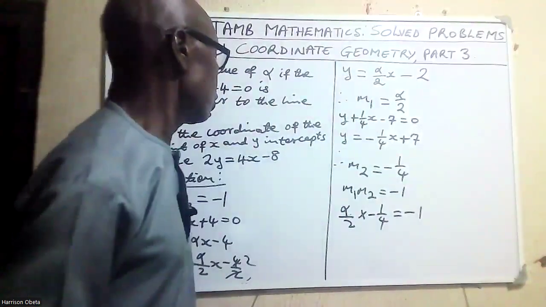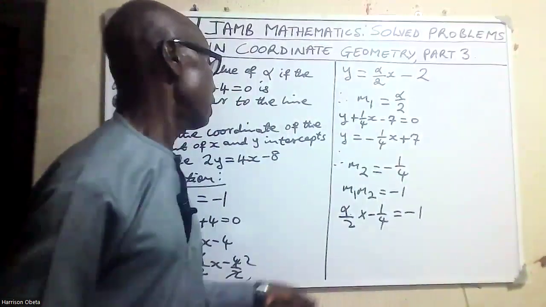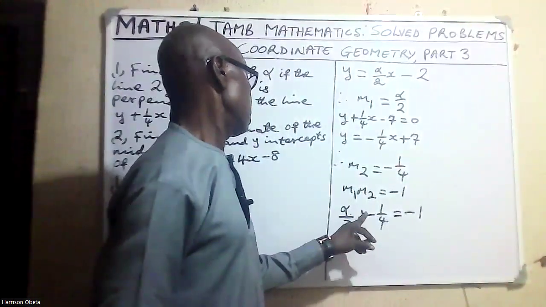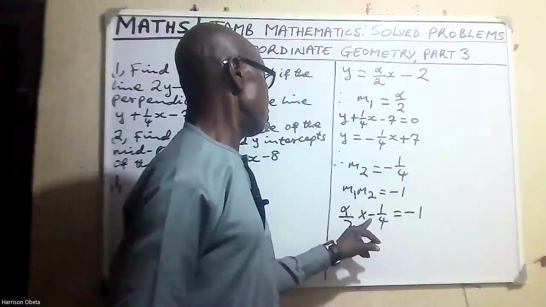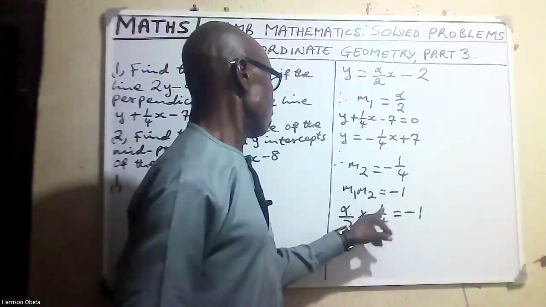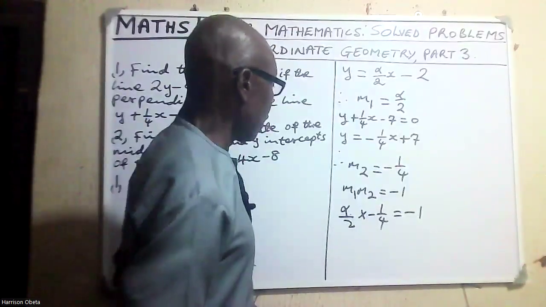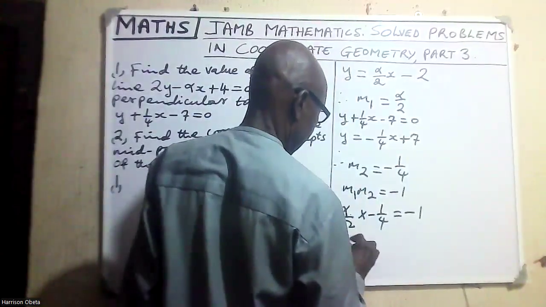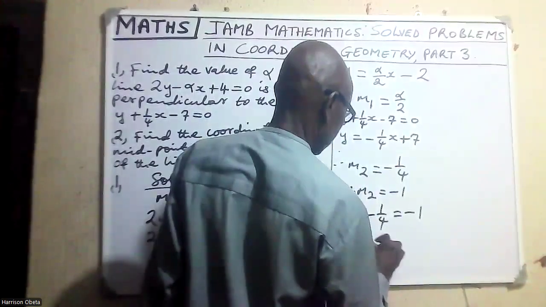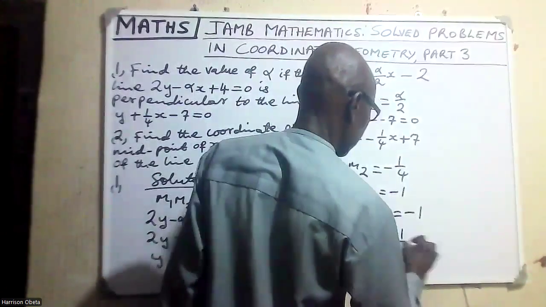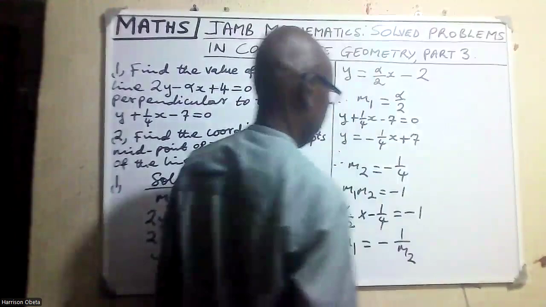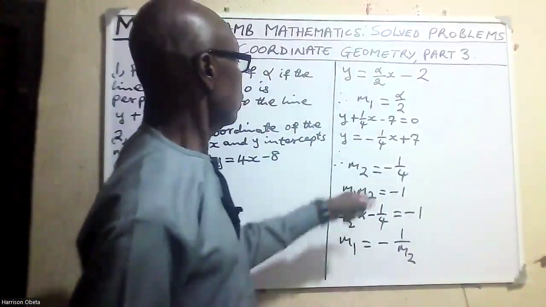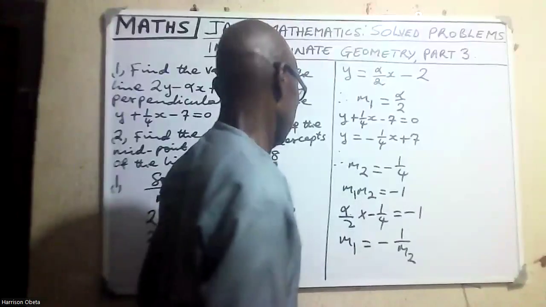For us to continue, we divide both sides by minus 1 over 4. So we know that m1 should be equal to minus 1 over m2. And remember that our m2 is minus 1 over 4.